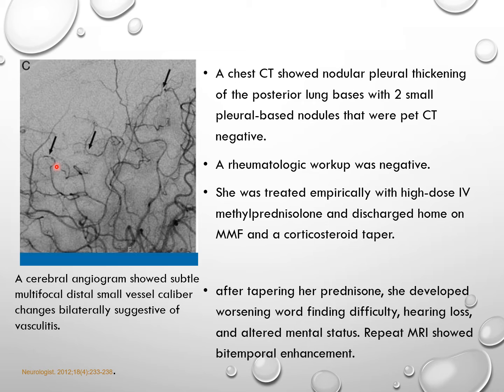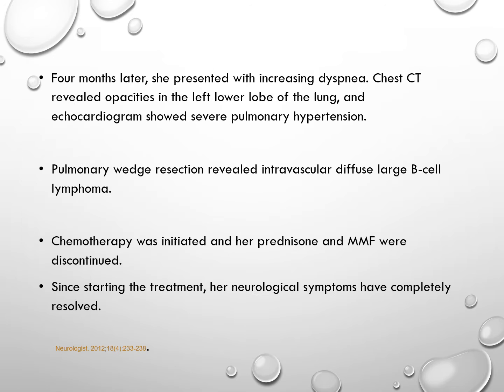She was treated empirically with high-dose steroid, methylprednisolone, and discharged on MMF and corticosteroid. After starting to taper prednisolone, the patient developed worsening of her word finding and hearing loss again.